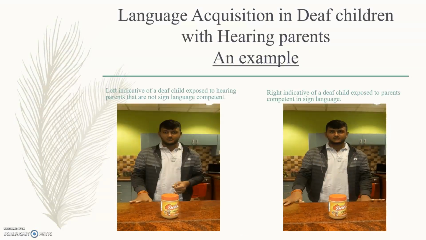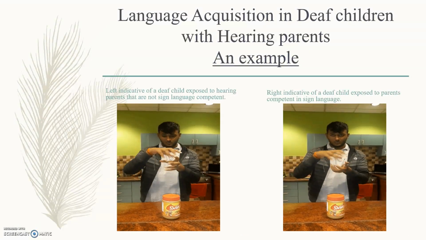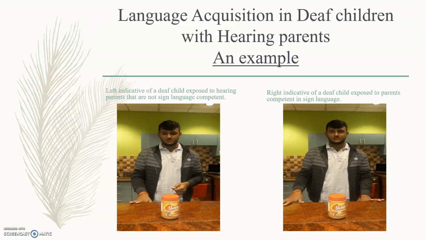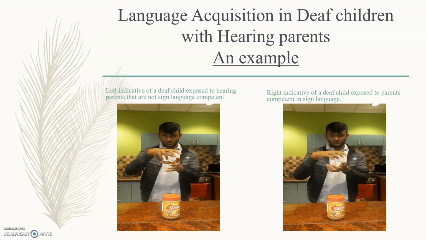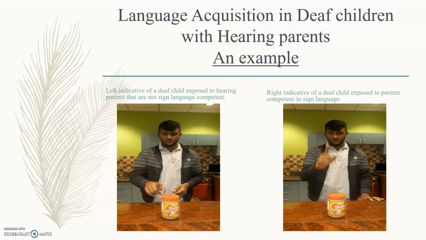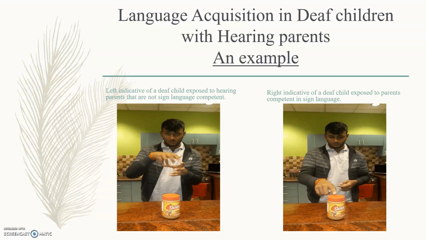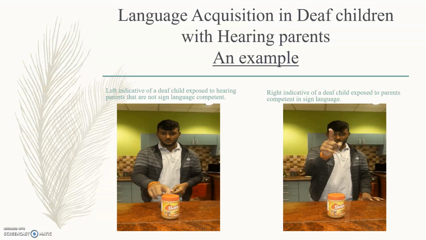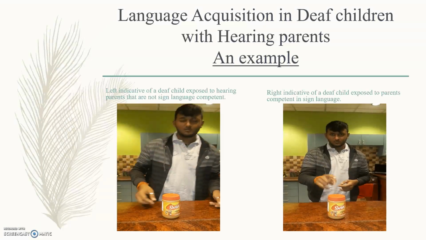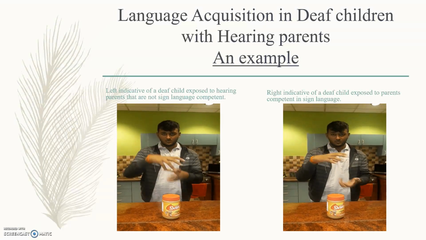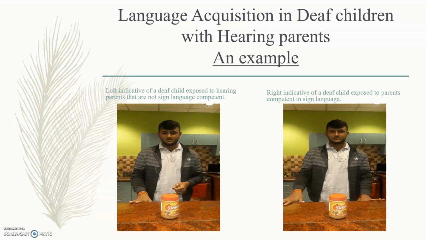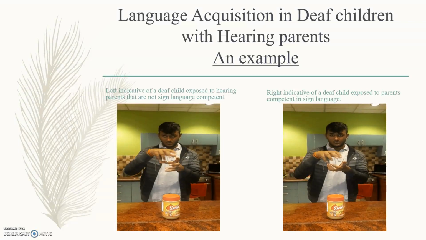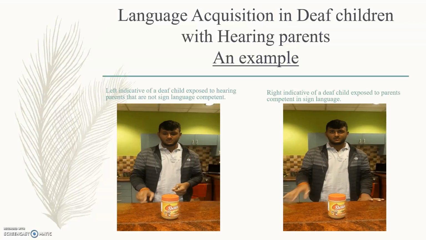So here we can actually see an example of this type of communication. The left is indicative of the object-first system that deaf children may have when they are not exposed to sign language competent parents. So they would typically point to the object first, sign the object, and then sign for the task that they want done.